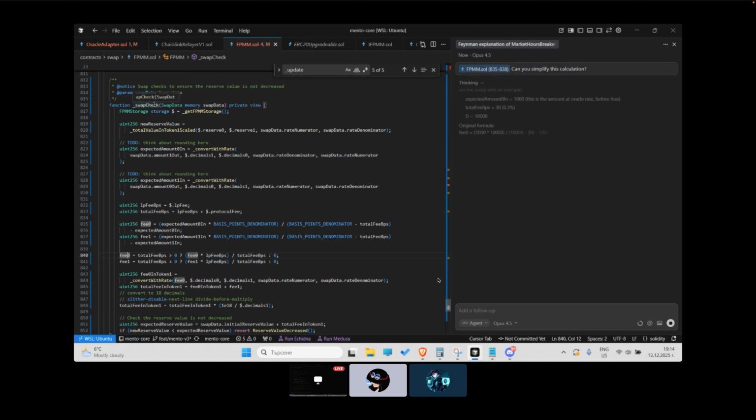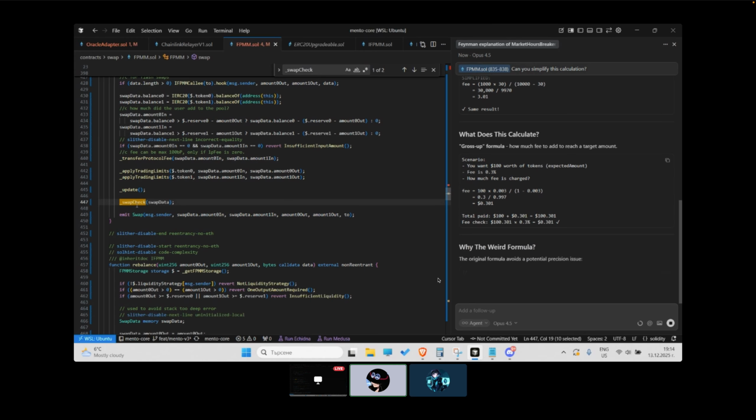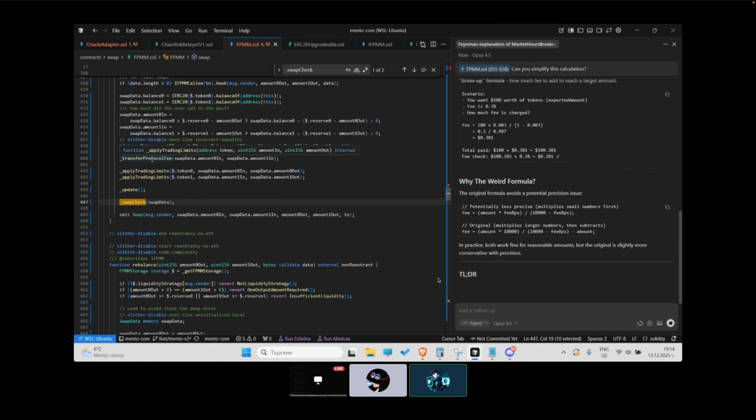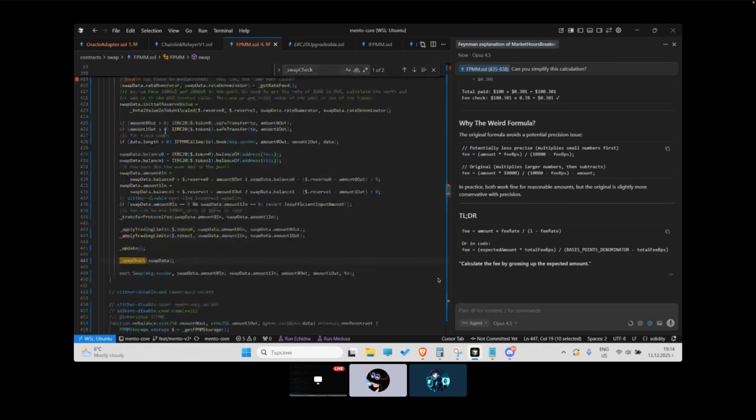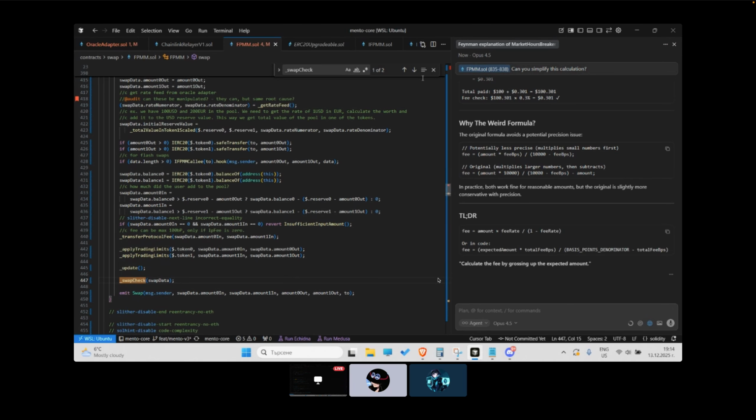Okay. But I mean, right before the swap check, they did calculate the fee and transfer it. That's in the swap function.